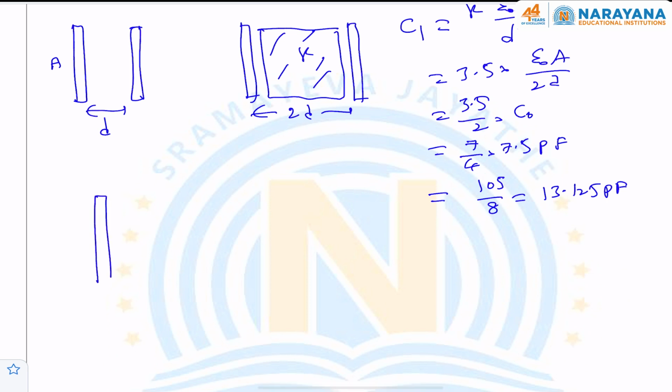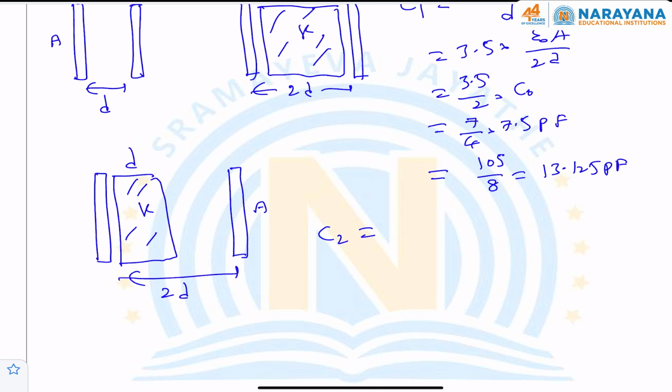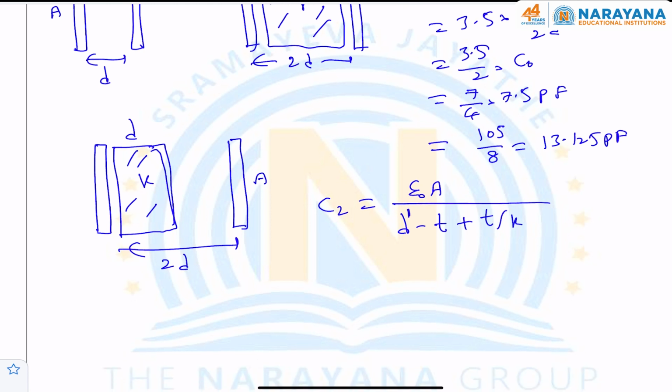Otherwise, there may be a chance of this situation. It is filled in the original capacitor and after that the separation is increased to twice. Now D is the thickness of the dielectric material, and 2D is the separation between the plates. In this case, the capacitance can be written using the general expression for a partially filled dielectric parallel plate capacitor: epsilon naught A by D minus T plus T by K, where D is the separation, here let it be D prime, and T is the thickness of the dielectric, which is equal to D here.